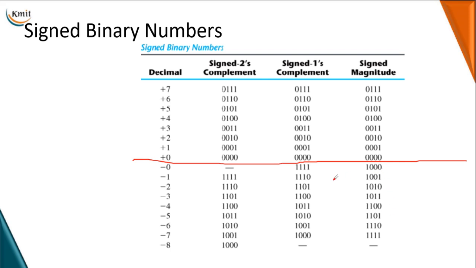In signed magnitude form, minus 1 is represented as 1001, whereas in signed ones complement form it is 1110. In signed twos complement form it is 1111. Like this we represent binary numbers using the sign bit.